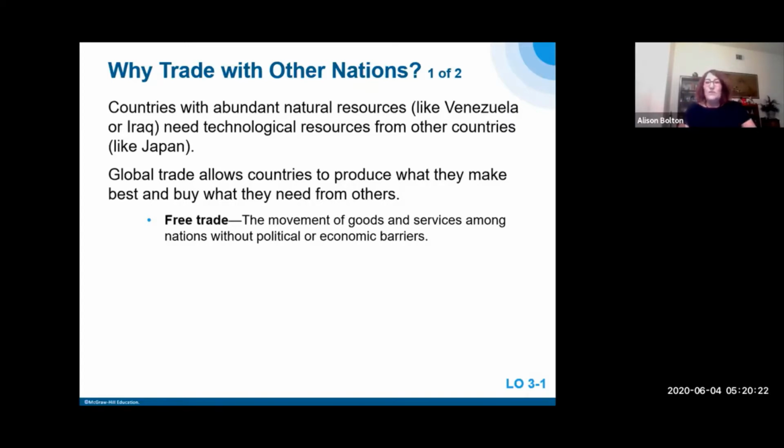But generally speaking, we have no boundaries that keep us from trading right now. Of course, we're in a pandemic, so we don't have a lot of flights going to other countries, especially China. But if we weren't in the pandemic, it would still be free and things would be flowing better.